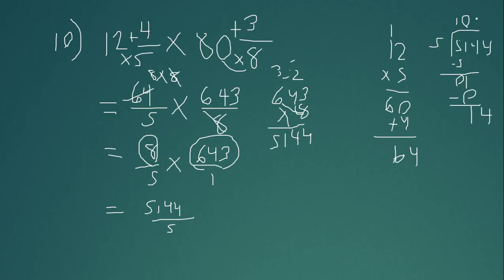We have 1. Now it's 2. 2 times 5 is 10. And become 4. Bring down 4. How many 5s of 44? We have 8. Right? 5 times 8 is 40. Then 4. So therefore, ang ating sagot is 1,028 4/5.